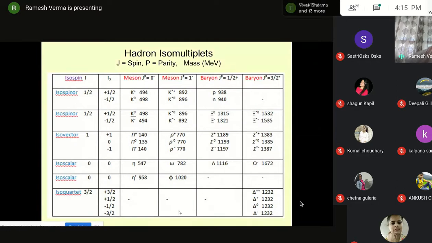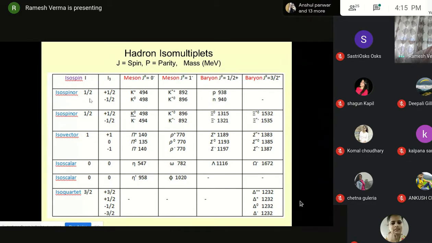So this is what I showed yesterday, that besides the proton-neutron near degeneracy, and also near degeneracy of the pi plus and pi 0 states, we have many particles which show this kind of pattern.